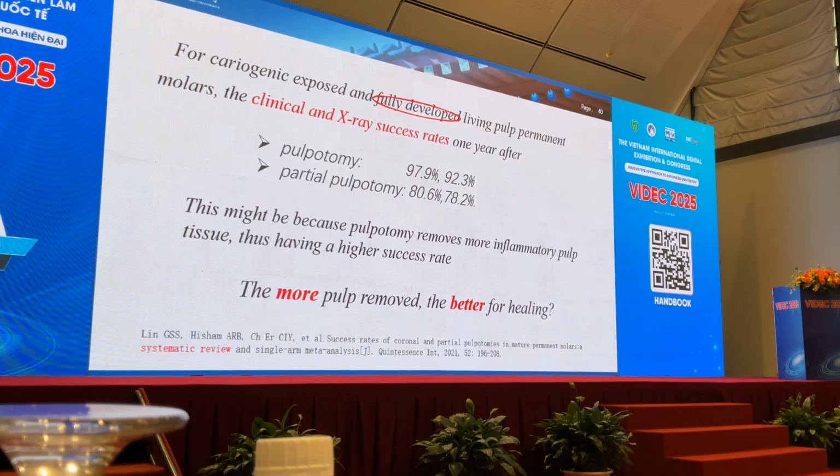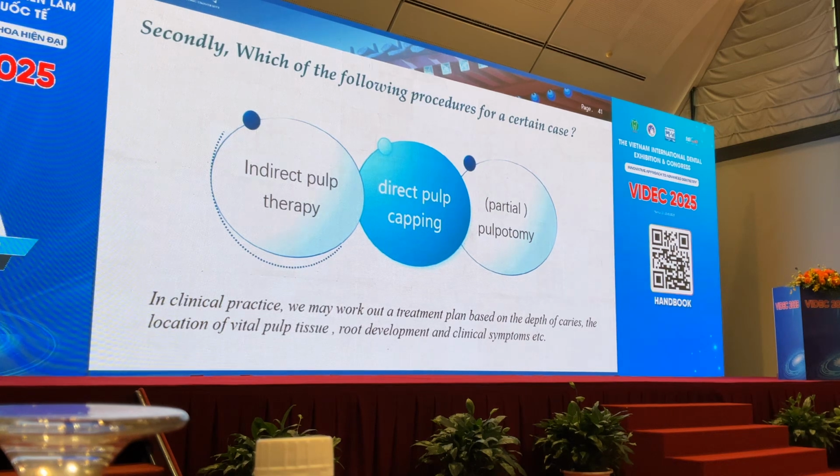So, for young permanent teeth, they have stronger capacity of regeneration and repair, right? So in clinical practice, we may work out the plan based on the depth of caries, the location of the white pulp tissue at the root canal, root development, and clinical symptoms.